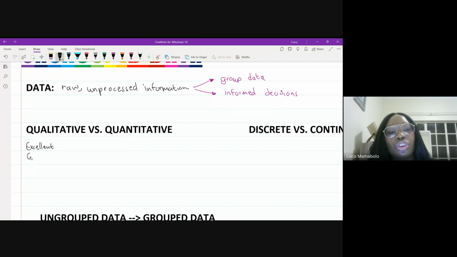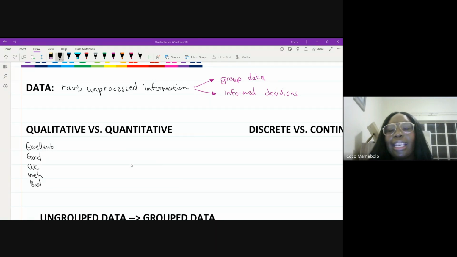Or was it good? Was it okay? Was it meh? Or was it bad? Do you see how the information that I'm collecting is made up of words? Yes, it's made up of words. So qualitative data is information that we get that is made up of words.